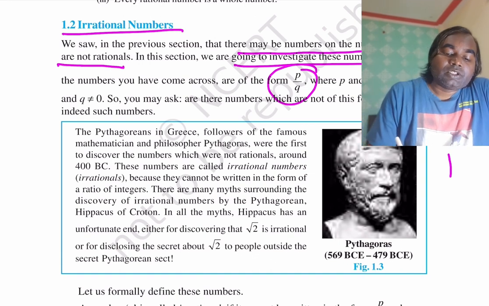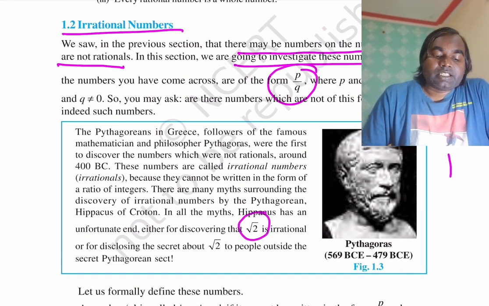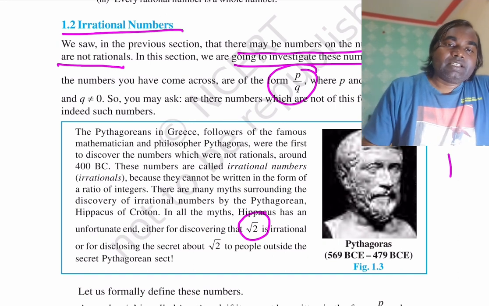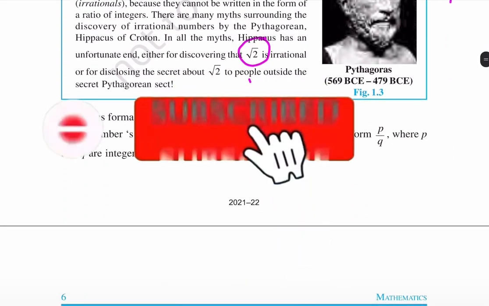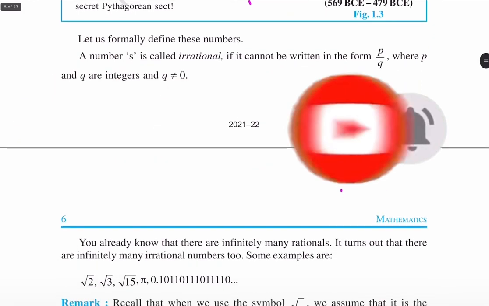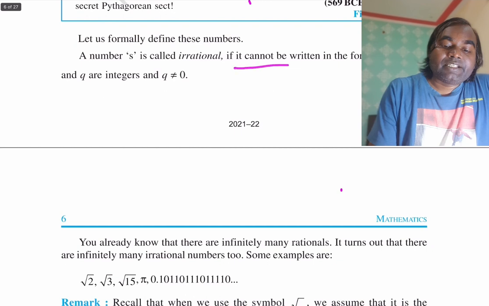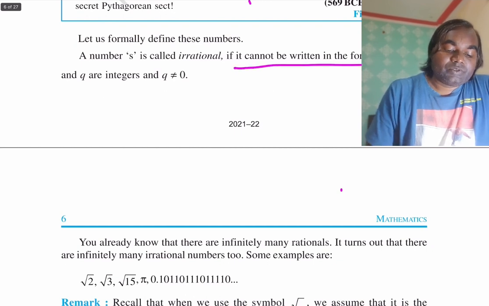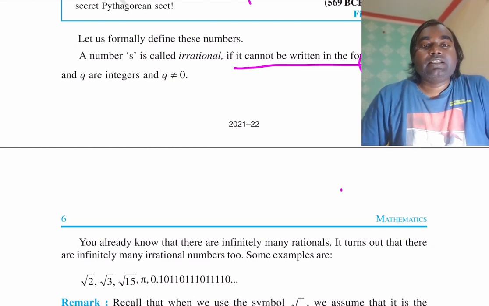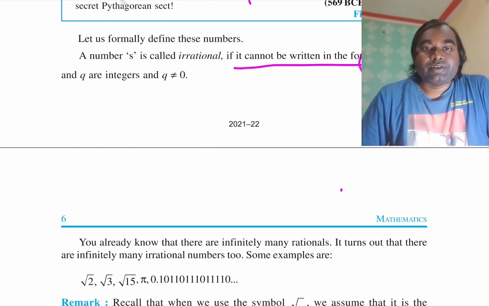For example, square root 2 is an irrational number, square root 3 is an irrational number, square root 5 is an irrational number, and pi is an irrational number. So there are many irrational numbers. They cannot be written in the form of p by q. Irrational numbers cannot be represented in ratio form.